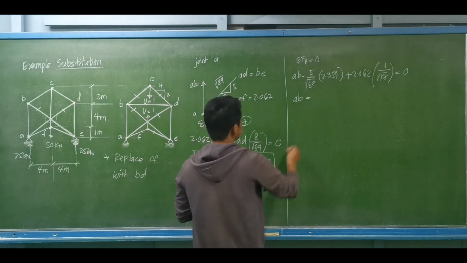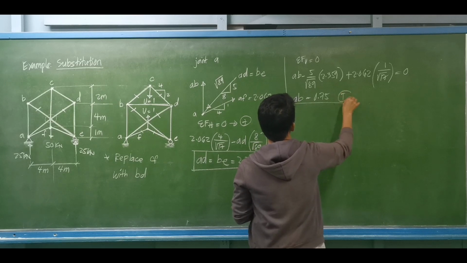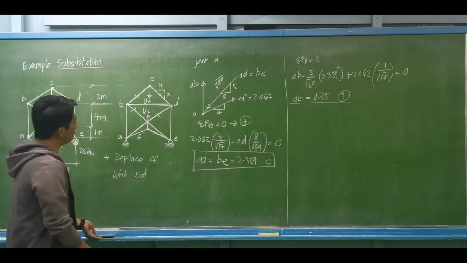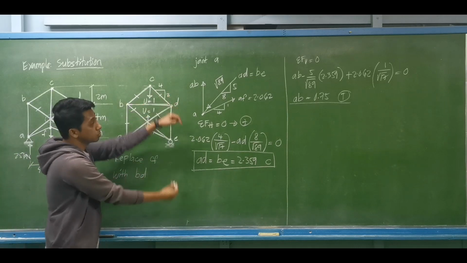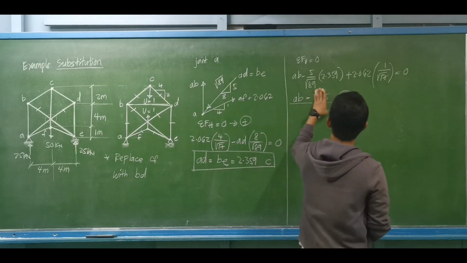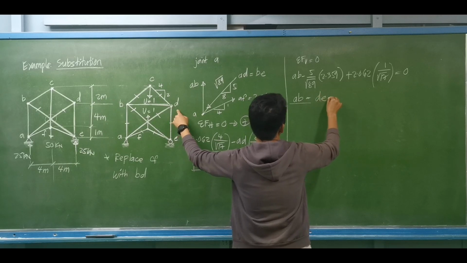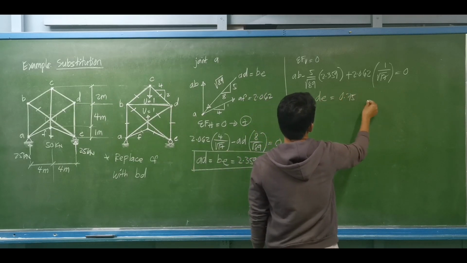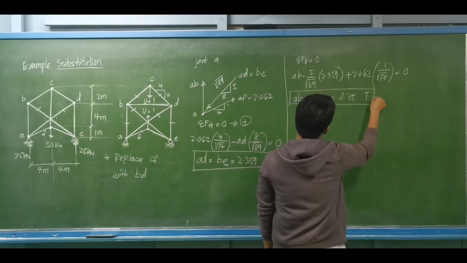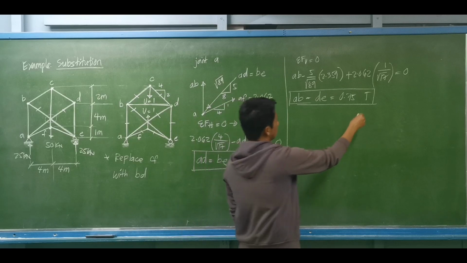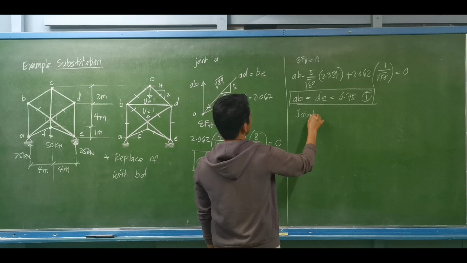And AB is equal to 0.75, and it is under tension. But if you observe, AB is similar to member DE. So that's why we may conclude that AB is the same as DE. They are the same, 0.75, and both are under tension due to the 1 unit load. Alright? So these two are under tension. Then we may now proceed to joint B from earlier.